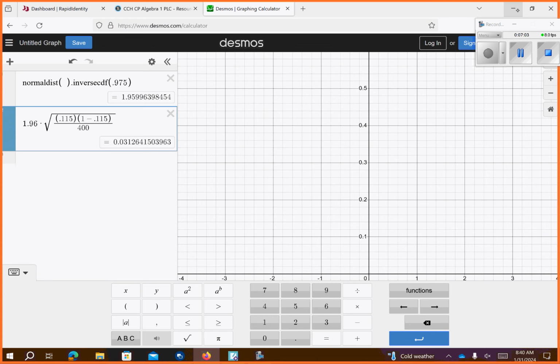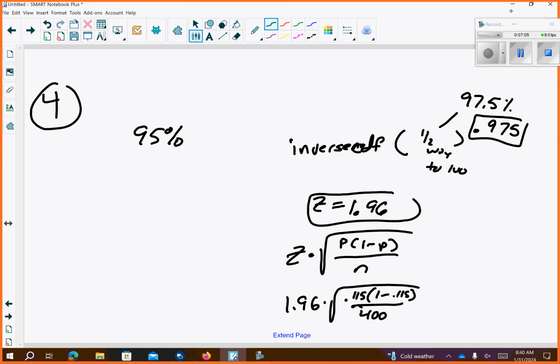All right, so 3.1 we said? So plus or minus 3.1. And we go 11.5. These are both in percents.